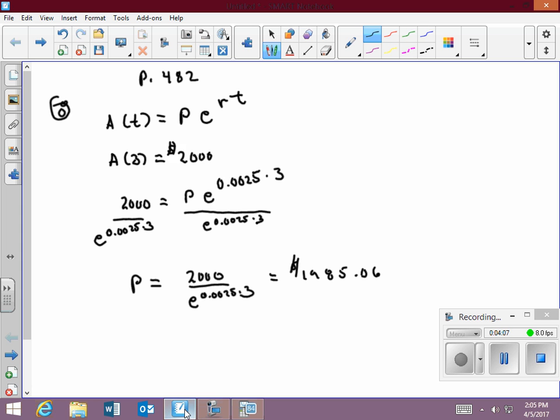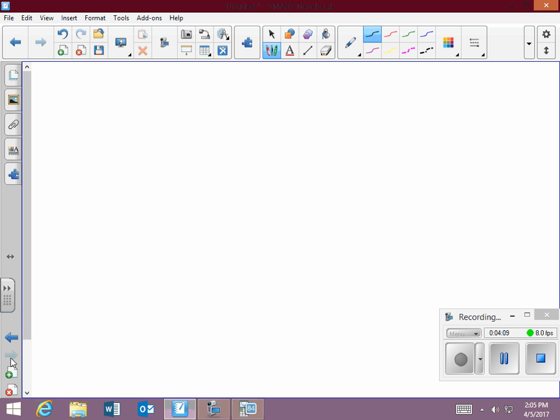Okay. 10. Says May 31st, 2009, the annual percentage rate listed on Jeff's bank for regular savings was 0.25% compounded monthly. Use equation 60 to answer the following. If P is 2,000, what is A of 8?